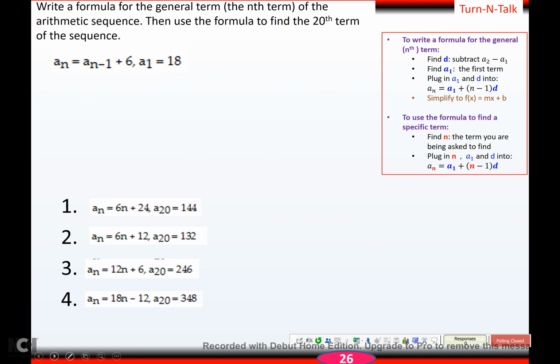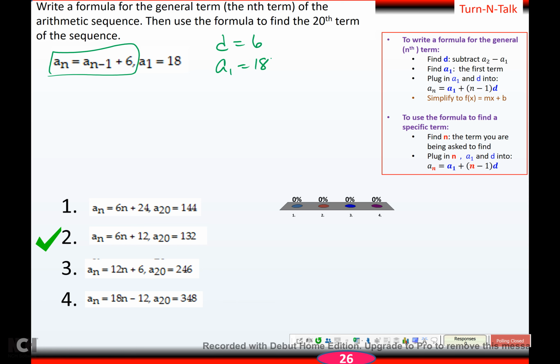Alright, hit pause, come back when you're ready, and hopefully you got 2. Alright, here they gave me the recursion formula, which tells me my common difference is 6. My first term is 18. Plug them in here. A sub n equals 18 plus n minus 1 times 6.